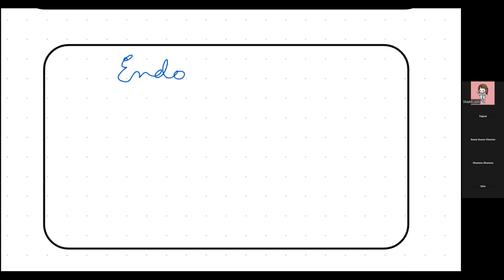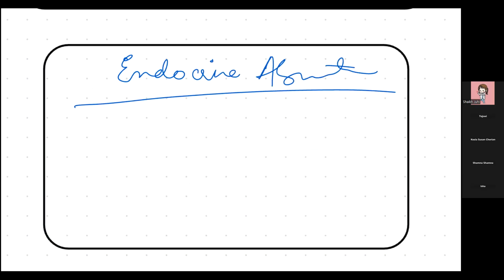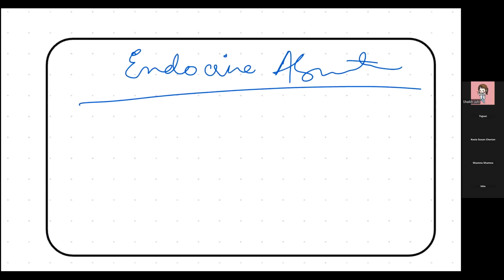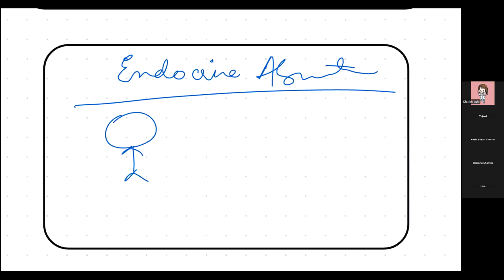Endocrine abnormalities. Now this is very interesting. Now we know either male or female, estrogen is there. Definitely, either it's a male or female. Okay, let's suppose this is a person. He has estrogen over here.